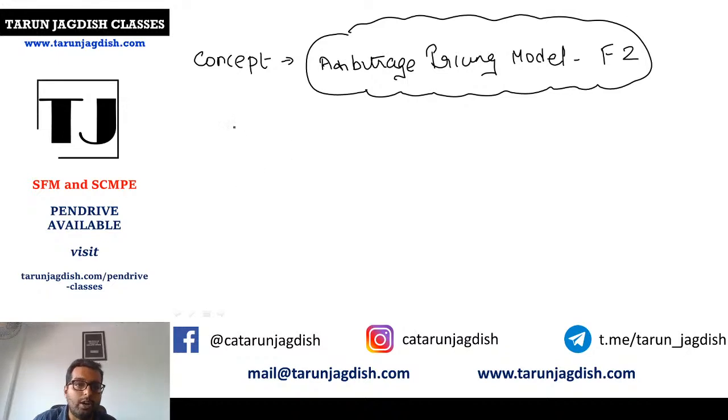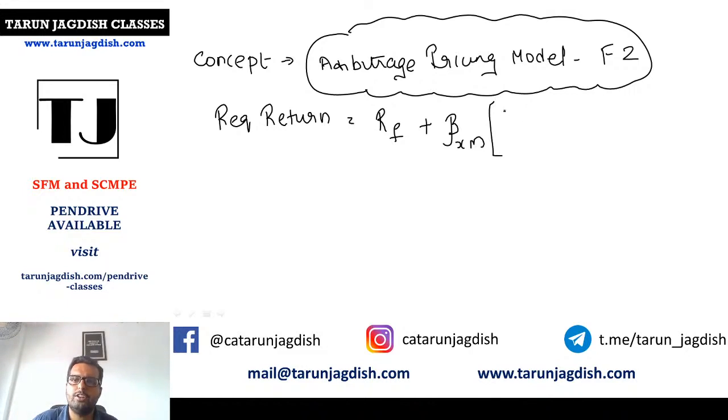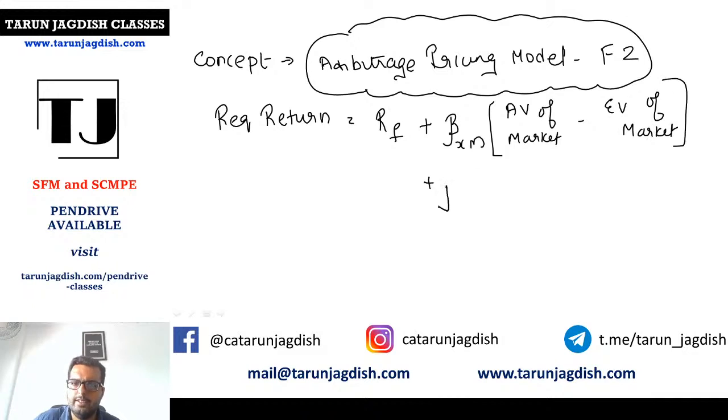And he made this new wonderful formula where required return is equal to RF plus beta of market into, instead of putting RM minus RF, he put actual value of market minus expected value of market, plus beta of I. I is what?